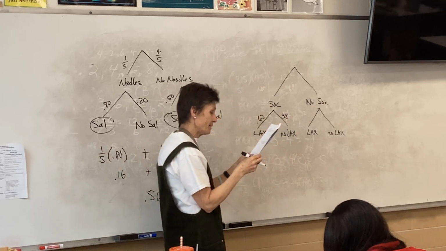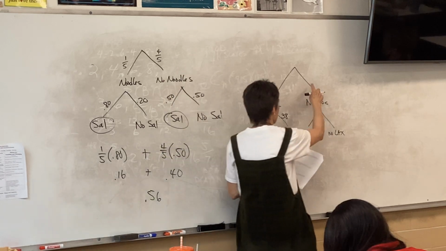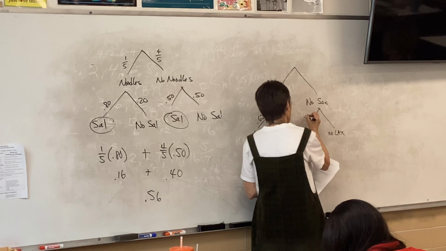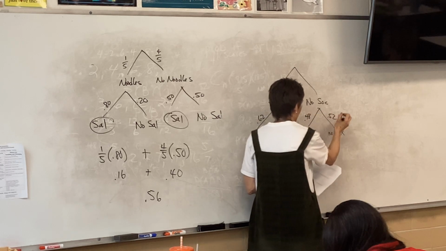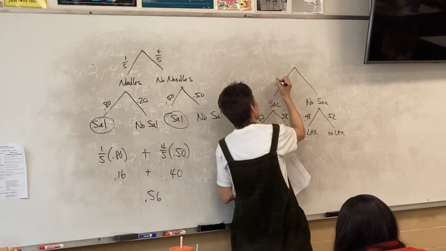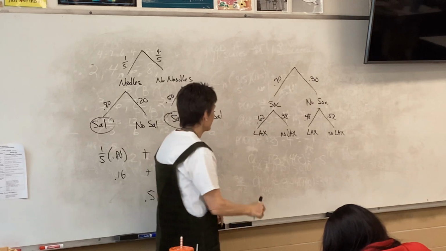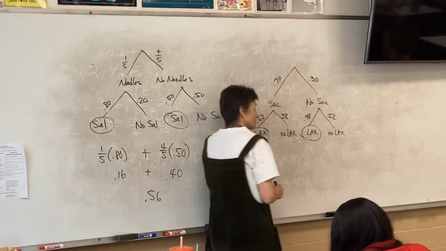The probability that he plays lacrosse if he doesn't play soccer is 48. The probability of a student playing soccer is 70. And then what is the probability of lacrosse?